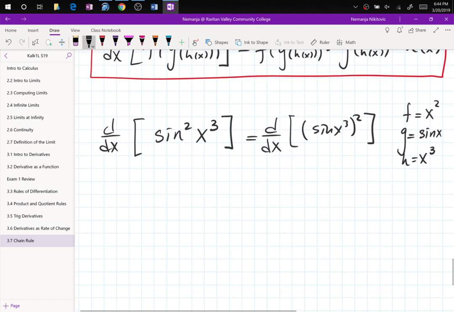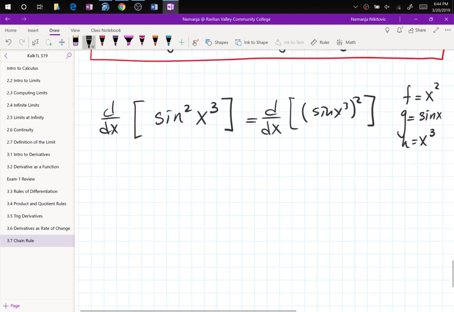When you decompose, try to put it back together. You always start at the bottom and plug into the one above. So when you plug x cubed into sine x, you get sine x cubed. And you plug sine x cubed into x squared, you get sine squared of x cubed.